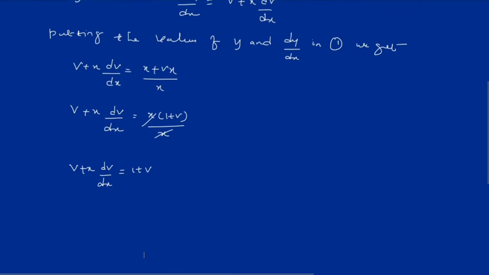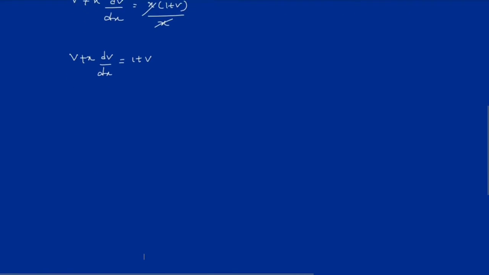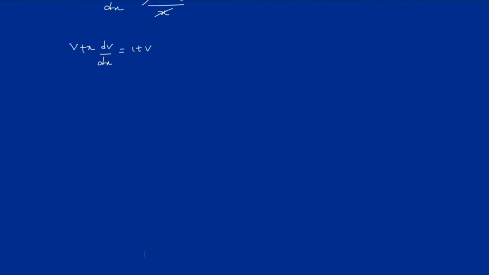Now take v to the RHS: x dv/dx = 1 + v - v. The v and minus v get cancelled, so x dv/dx = 1.